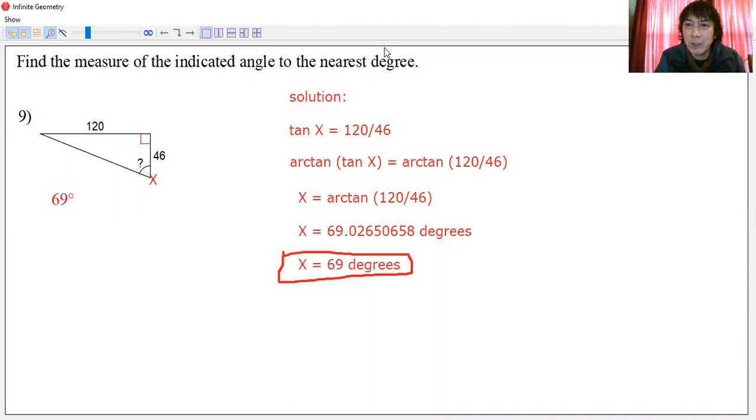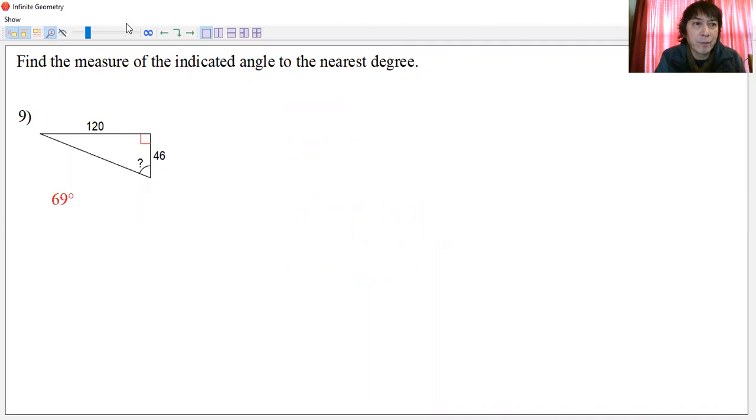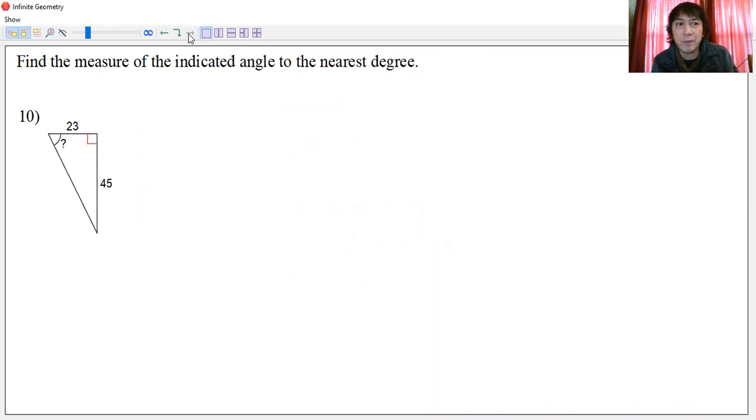Let's continue with the last number. This is number 10. Okay, here's number 10. Examine the diagram. This is the angle X. We have the adjacent side measuring 23, opposite side measuring 45. There is no hypotenuse.